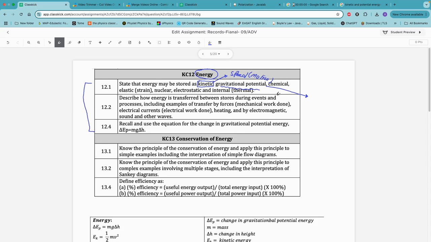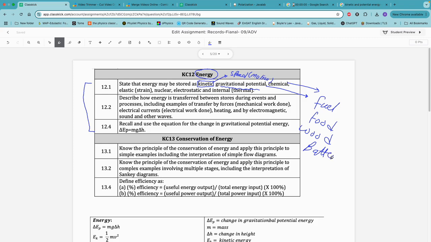One more, which is chemical energy. So what is chemical energy? It's a type of energy that could be stored in fuel, gas, food, wood, or battery.